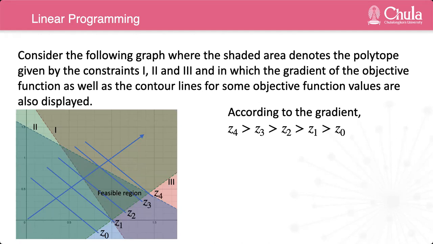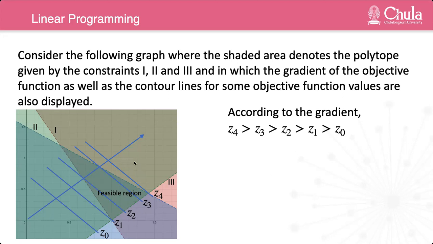And once you reach the last point, which is still in the feasible region but has the maximum value of the objective function, then you get the maximum point. If you want to minimize, you follow the opposite direction of the gradient until you reach the final point that's still in the feasible region, and you get the minimum point.